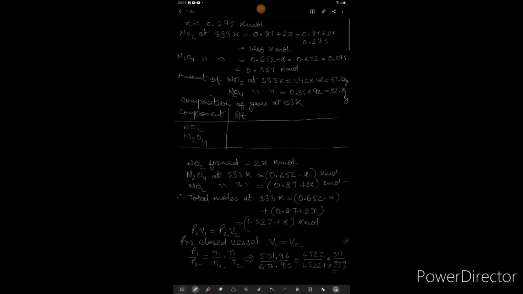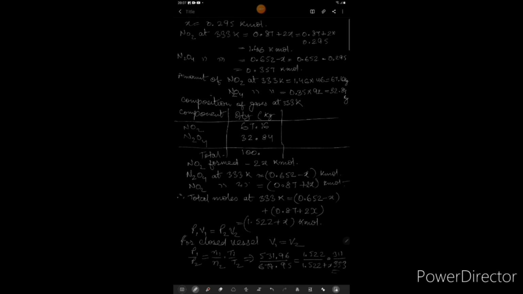Quantity in kg of NO2 is 67.16 and N2O4 is 32.84.